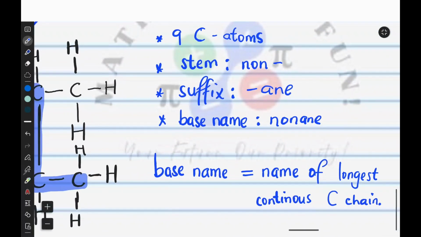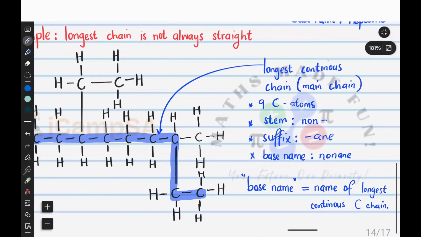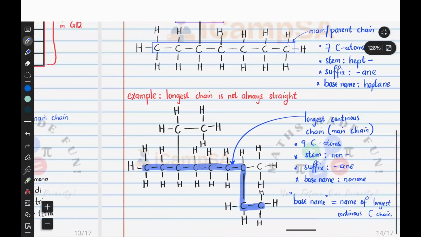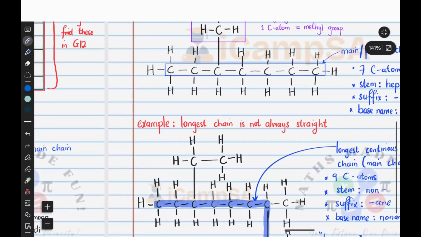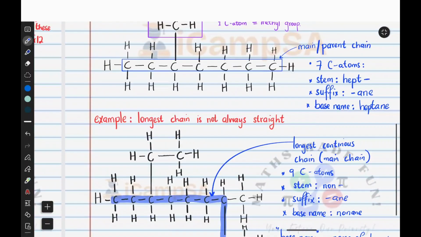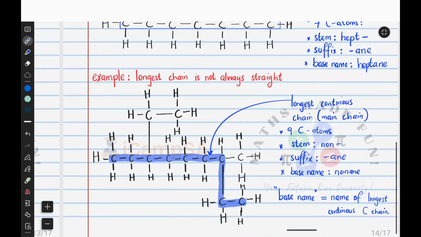Okay, so that's what I mean by base name. I don't want you to be confused here. So when we say it's not always straight, that's what we mean.